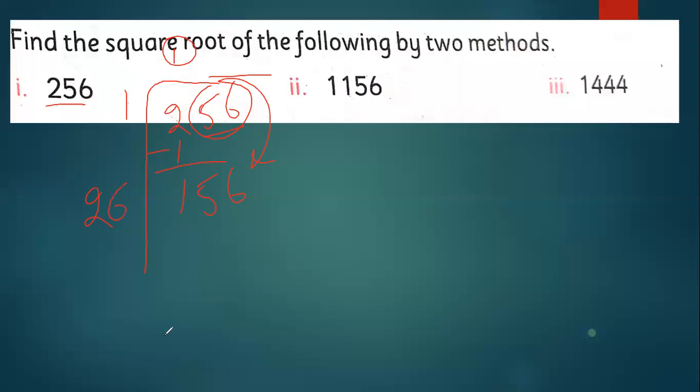So just take 6, because 6 sixes are 36. We need 6, so 6 sixes are 36. There will be 3 remainder. They will multiply this 6 with 6 as well as with 2. 6 6s are done. 6 2s are 12. 12 plus 3 is 15. Okay, that is done.